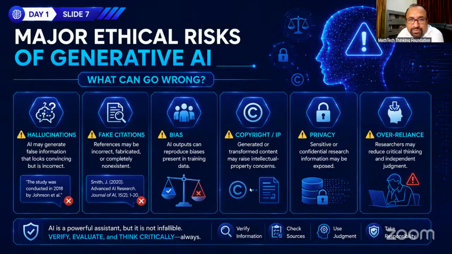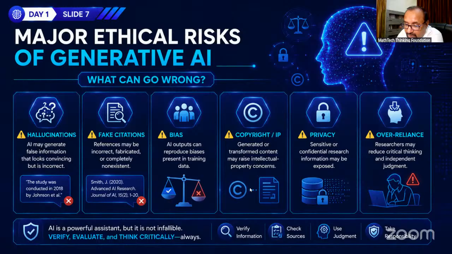The fourth issue is copyright and intellectual property. Researchers need to be very careful about how copyrighted or proprietary material is used with the AI system, and should follow the applicable laws, licenses, institutional policies, and publisher requirements.